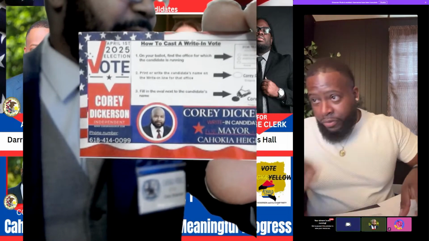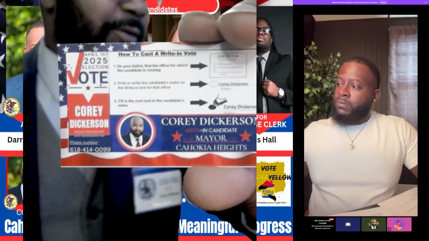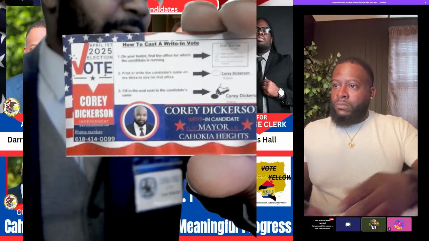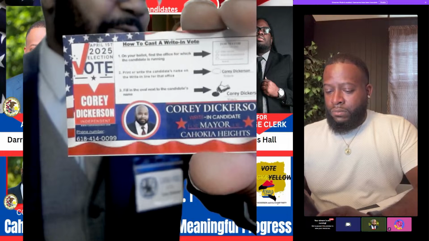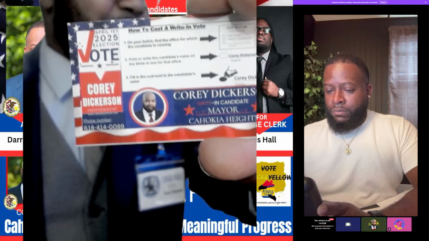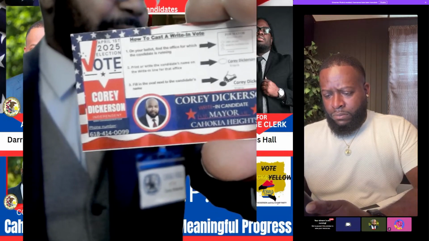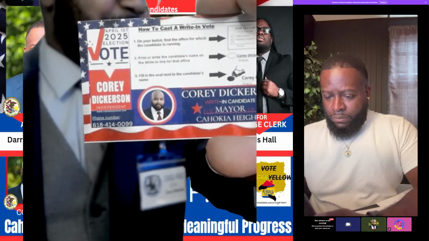Okay. If you're looking at this card, the first thing you're going to notice is that up top, we're telling you what slots you have to vote from. You have to put the name in, and at the final step, you need to darken the circle. Darken that circle and make sure our name is in there spelled correctly.